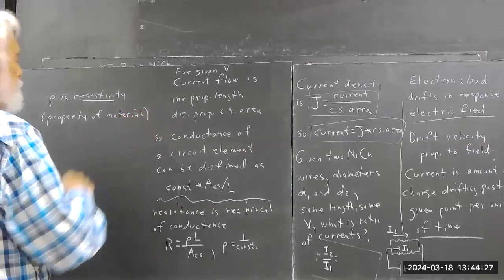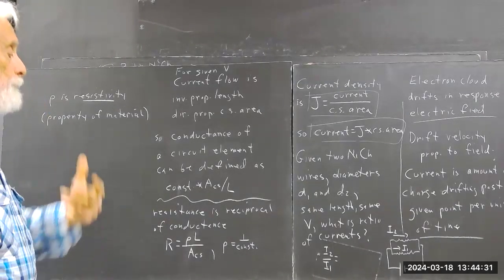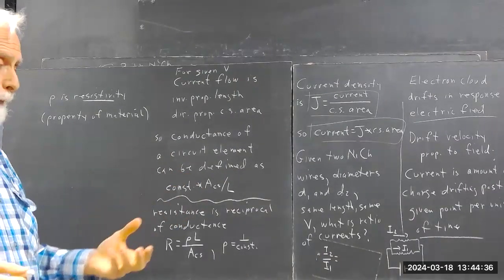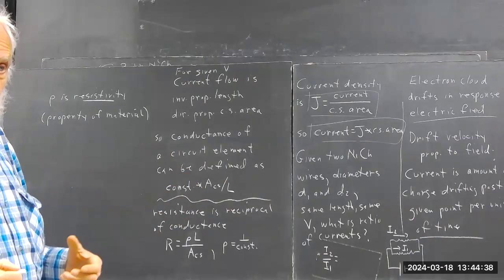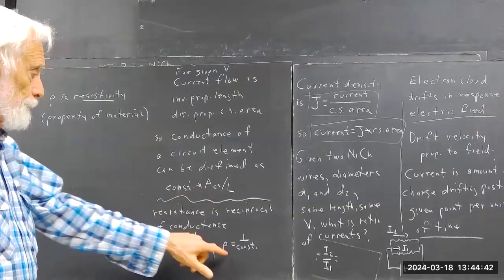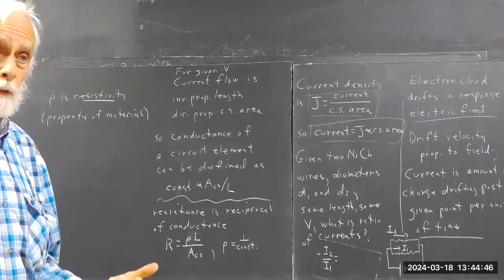It's a property of the material. We run known voltages through different samples of the material, different diameters, different lengths, and so forth, measure currents, and we come to conclusions about resistivity, and we can measure that very precisely for given materials.